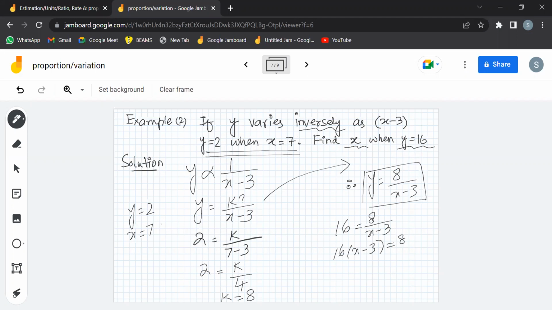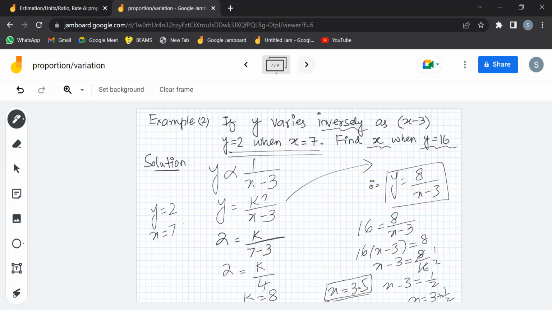You can open the bracket, or you can divide by 16 and then 1 over 2 on the other side. So x minus 3 is equal to 1 over 2, and x is equal to 3 plus 1 over 2. So x is equal to 3.5. You can use a calculator or write 3 whole 1 over 2. So this was a question on inverse variation.